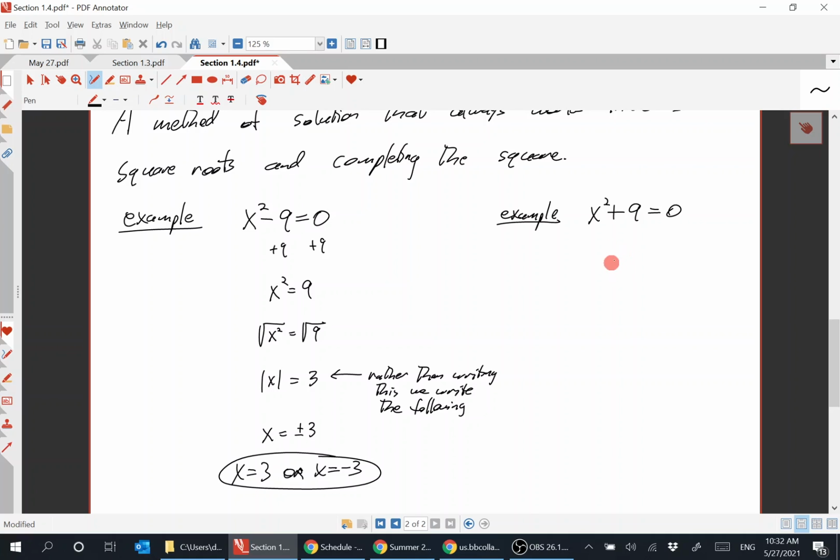In this case, you subtract 9 from each side, and you get x squared equals negative 9. So the square root of x squared is equal to the square root of negative 9. But you can't take the square root of a negative number. The square root of negative 9 is not a quote-unquote real number.